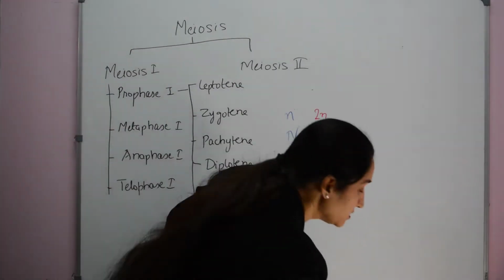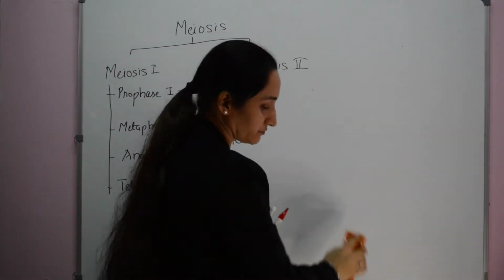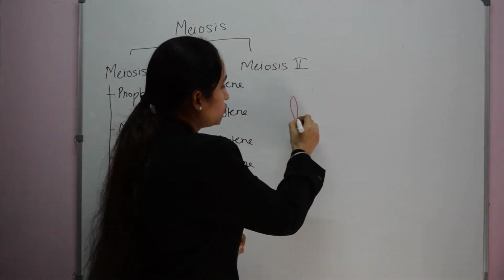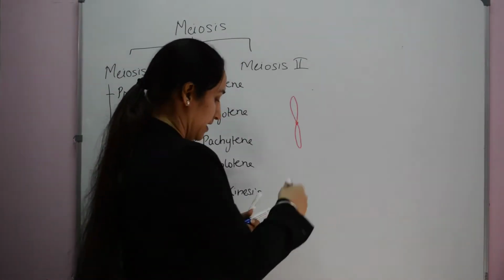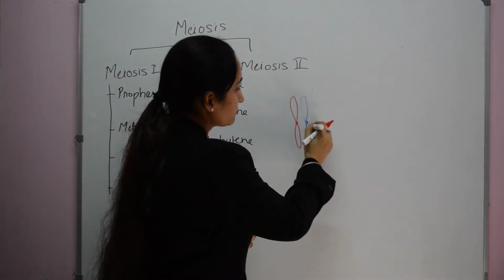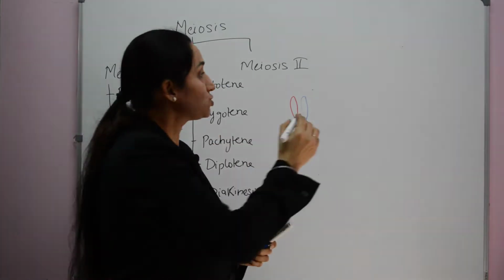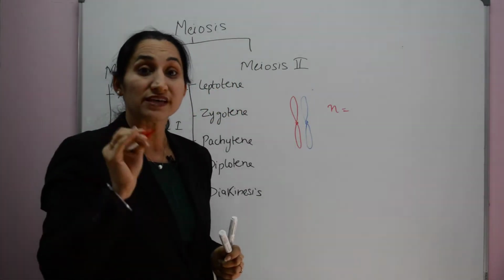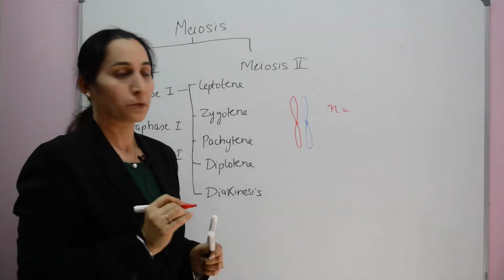For that, let us draw again a diploid cell in which one of the chromosomes is maternal and the other one is paternal. Right? The small n is actually the number of centromeres present.